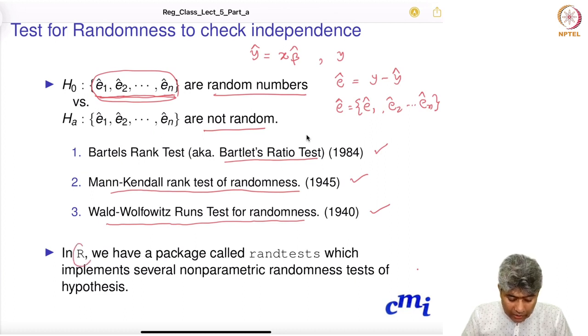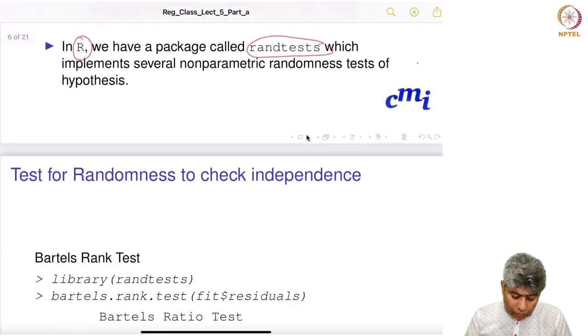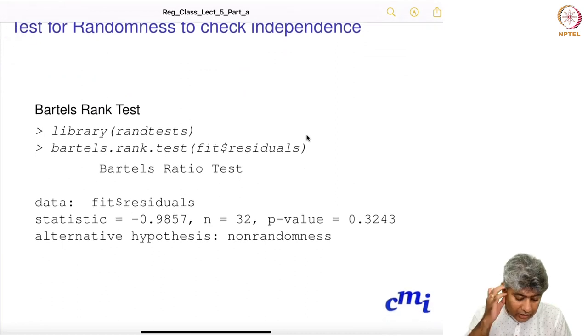In R we have a package called randtests, which implements several non-parametric randomness tests. We have done the Bartels rank test because it is newer than the more popular ones, and its statistical power is better than the others.